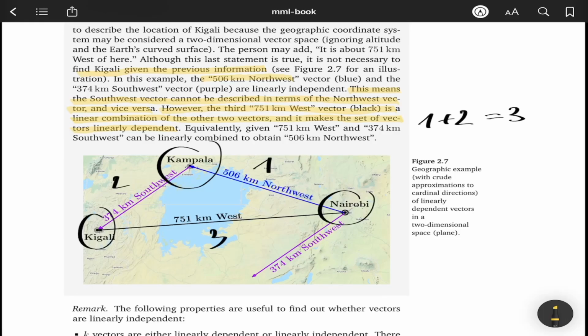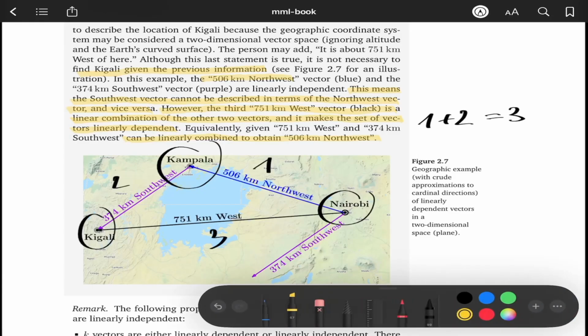Yes, because we do addition, right? Equivalently, given 751 kilometers west and 374 kilometers southwest, they can be linearly combined to obtain 506 kilometers northwest. You can do basically a subtraction, is what they're saying.